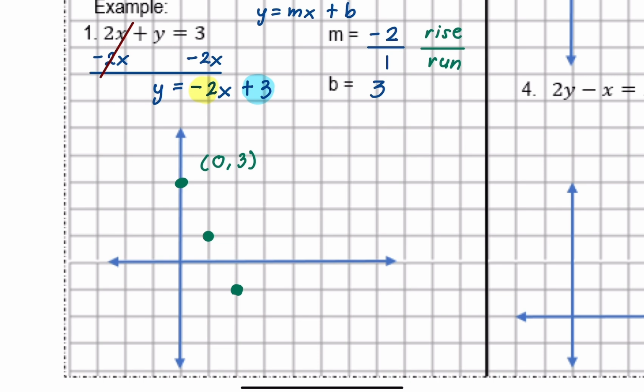Okay, so we can connect these points. There you go. Then this line is the graph of the linear equation 2x plus y is equal to 3.